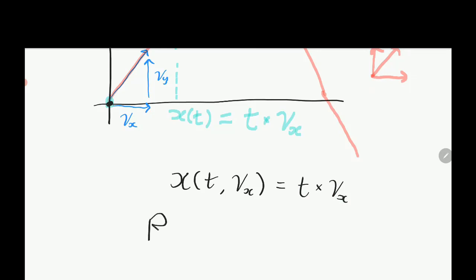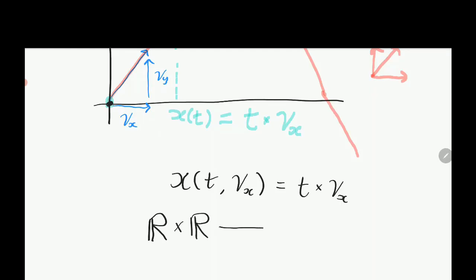So I'll use this scripty R to denote the set of real numbers. And so what we have is a situation where we're picking a pair of real numbers, and so I'm going to write R times R. Basically that is the set of all pairs of real numbers.